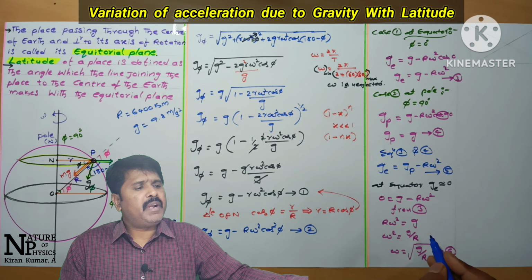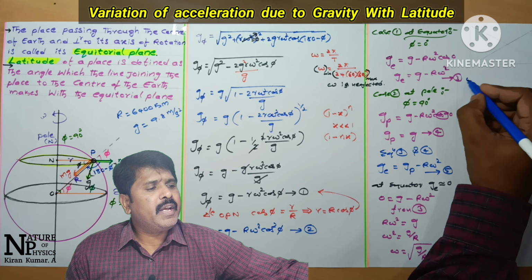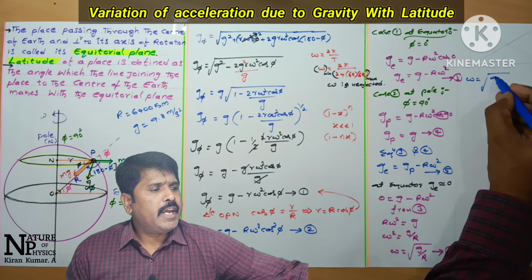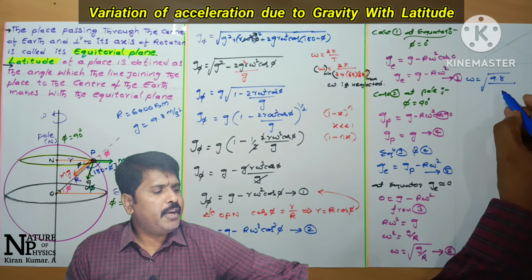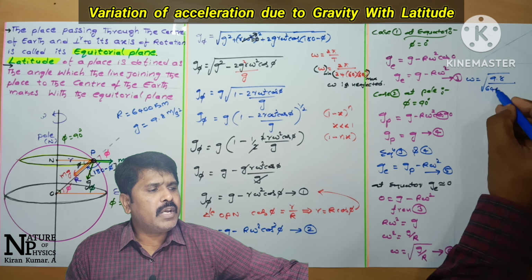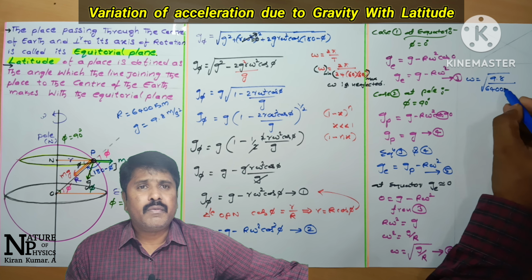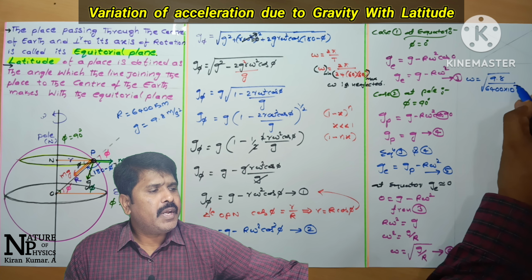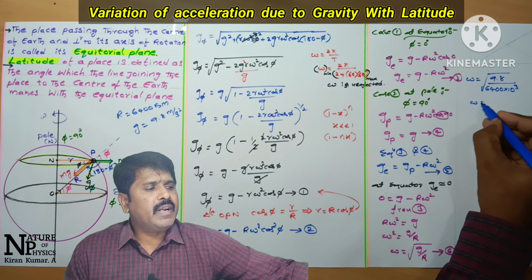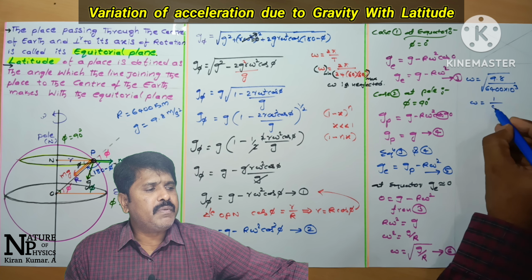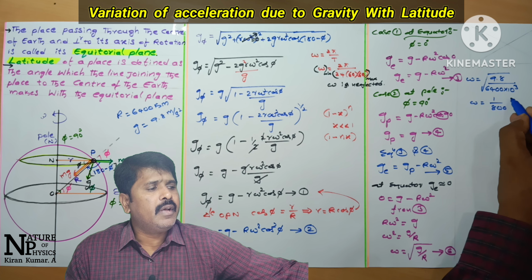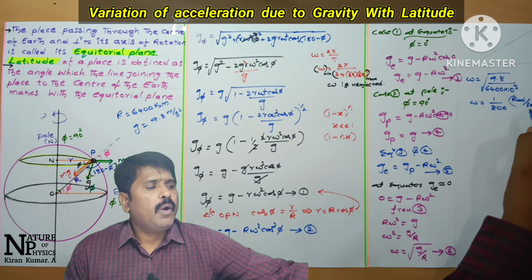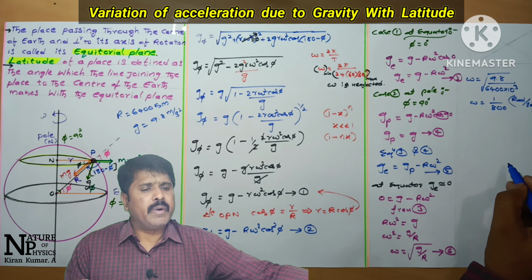Replacing both values, we will get omega is equal to root over 9.8 divided by R value, 6400 converted into meters, that is 10 to the power of 3. After solving this, we will get omega value is 1 by 800 radian per second. 1 by 800 I got student.